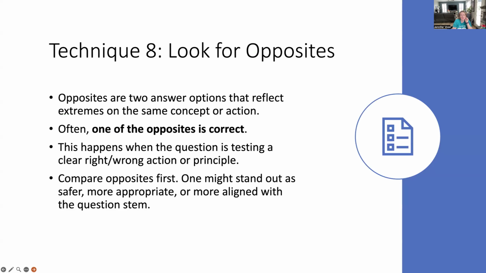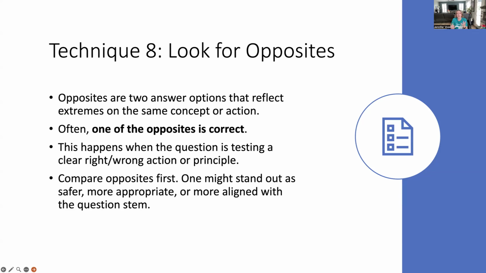All right, technique number 8, look for opposites. Opposites are 2 answer options that reflect extremes of the same concept or action. Often one of those opposites is correct. A silly example: when the light at a traffic light turns green, you should do stop or go, right?